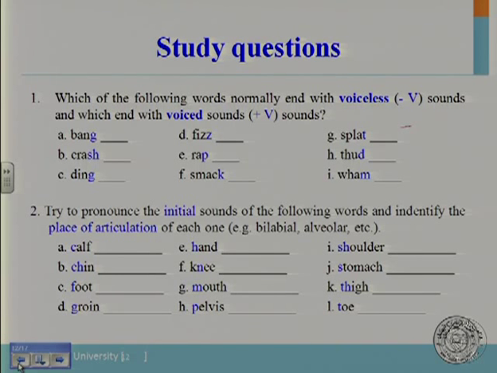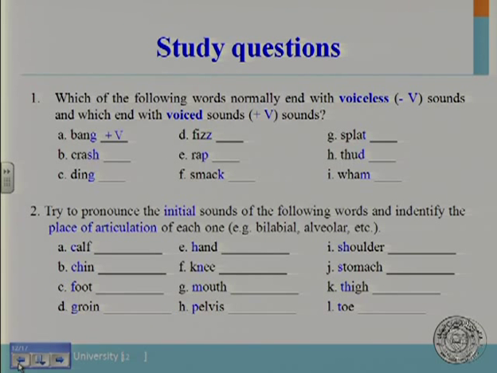Now, can you answer it? Is it voiceless or voiced? The answer is bang is voiced because we can feel the vibration.